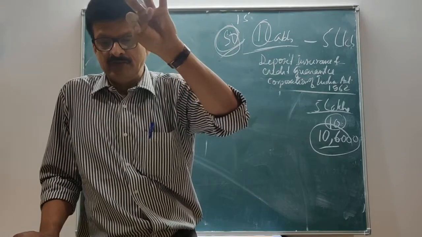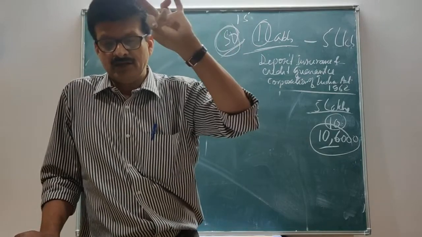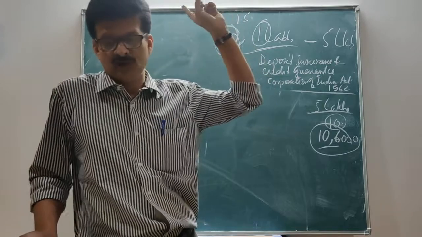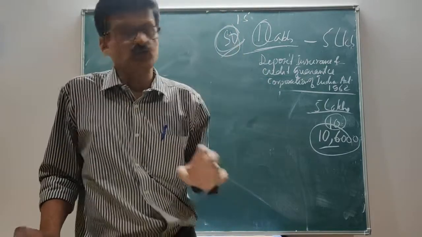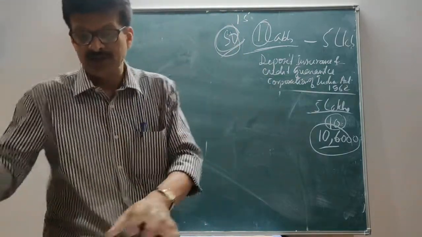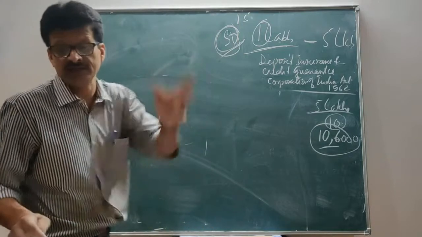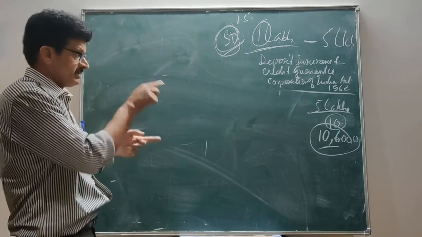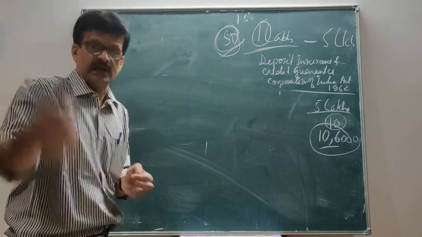Deputy governor of RBI nominated by the bank. Third, an officer of the central government nominated by that central government. Two directors nominated by the central government in consultation with the Reserve Bank.